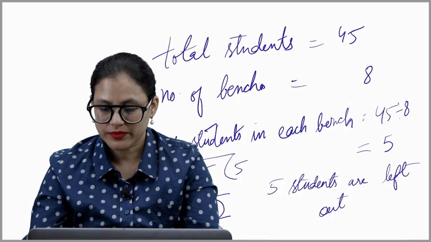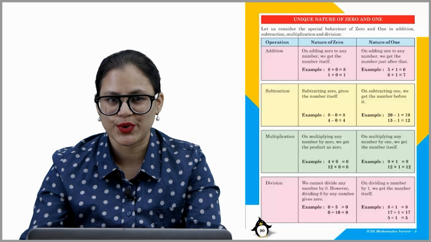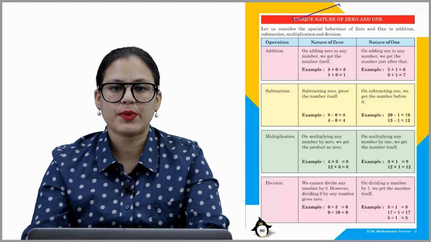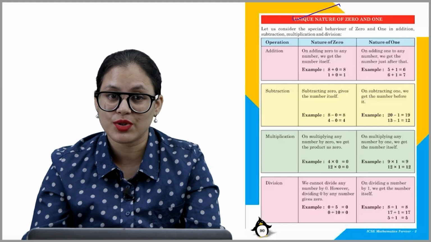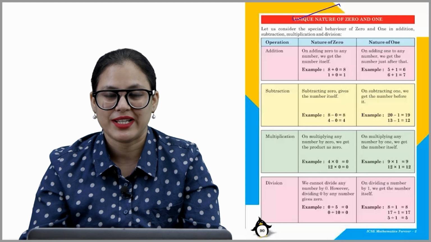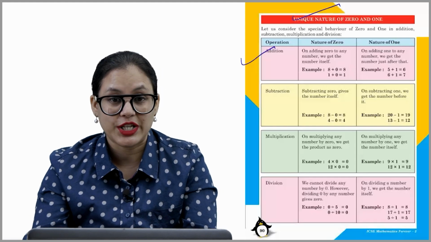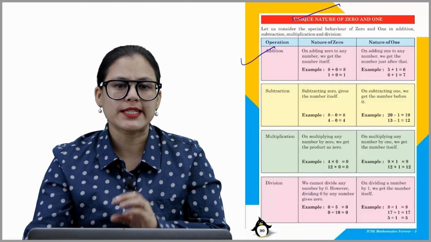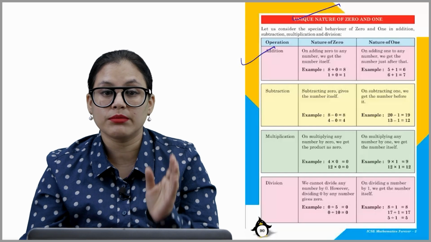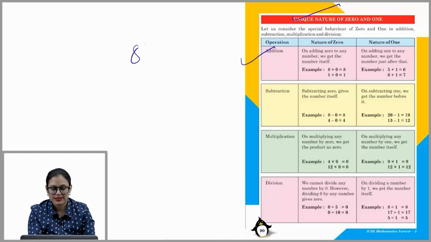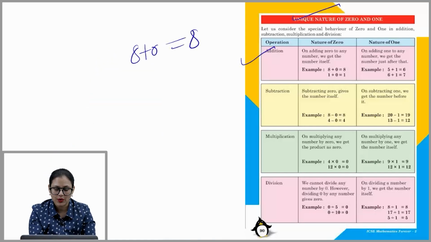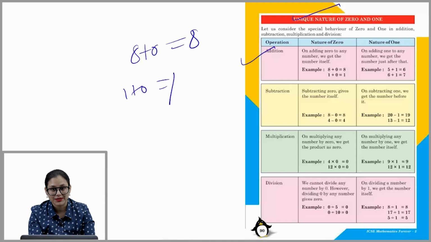Next, unique nature of 0 and 1. Let us consider the special behavior of 0 and 1 in addition, subtraction, multiplication and division. First addition, nature of 0. On adding 0 to any number, we get the number itself. 8 plus 0 is 8. 1 plus 0 is 1.